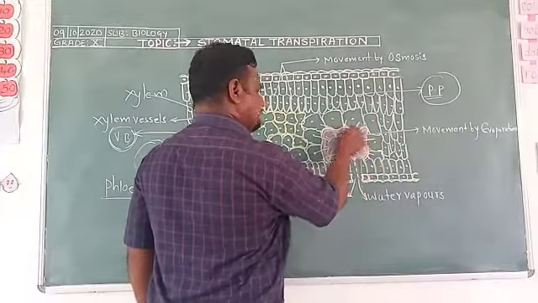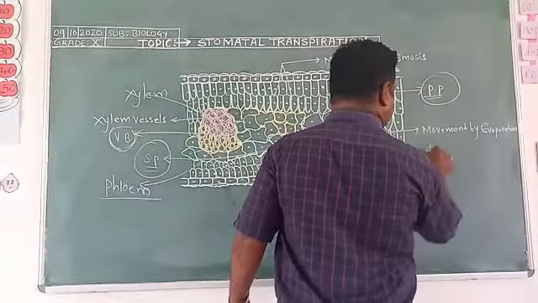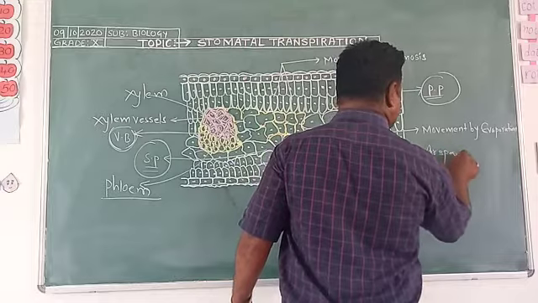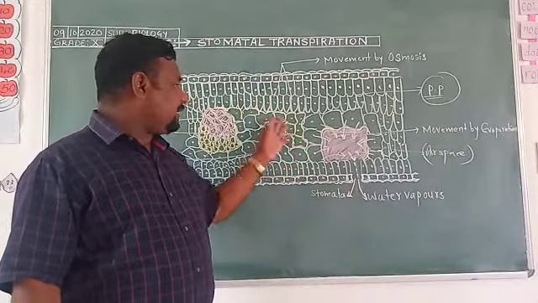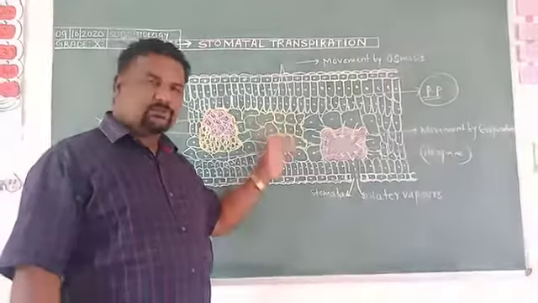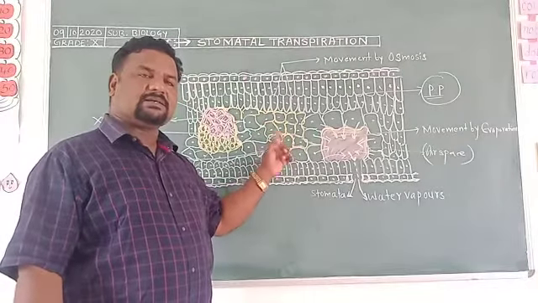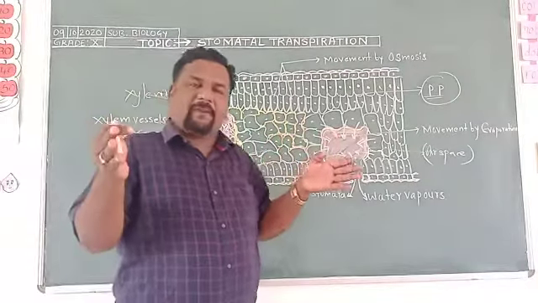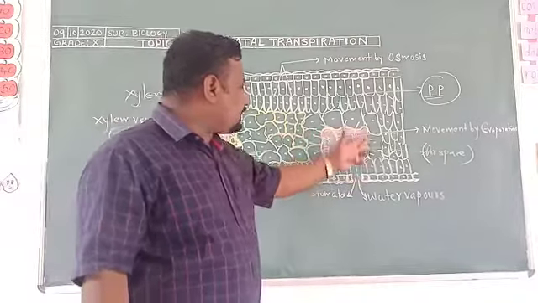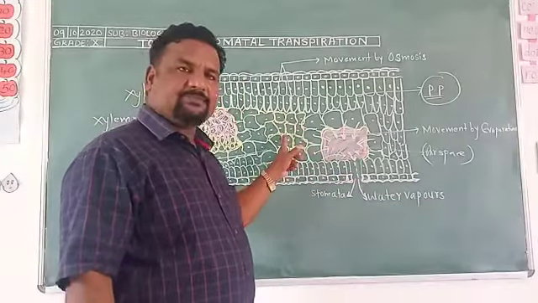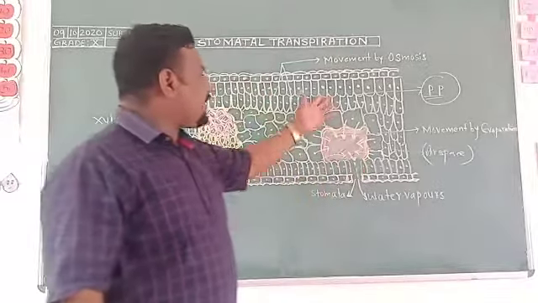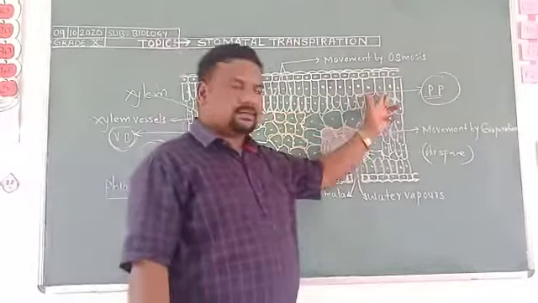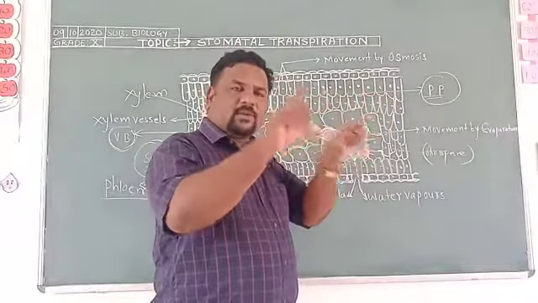This air space is left by the spongy parenchyma. Therefore, spongy parenchyma are the cells that leave intercellular gaps. Whereas palisade parenchyma do not leave any space, so they are tightly packed, closely packed.